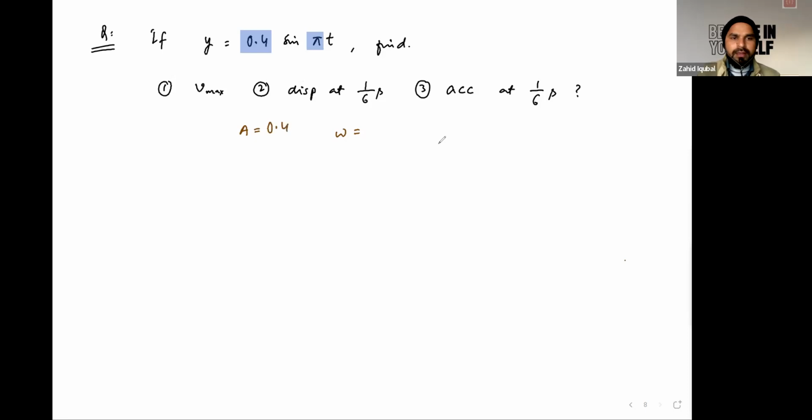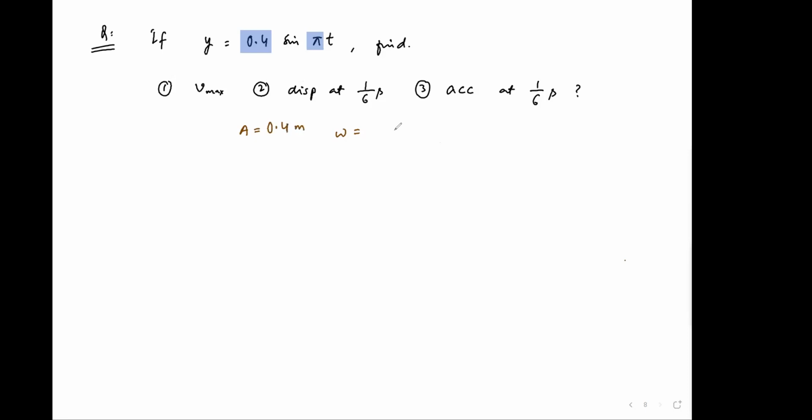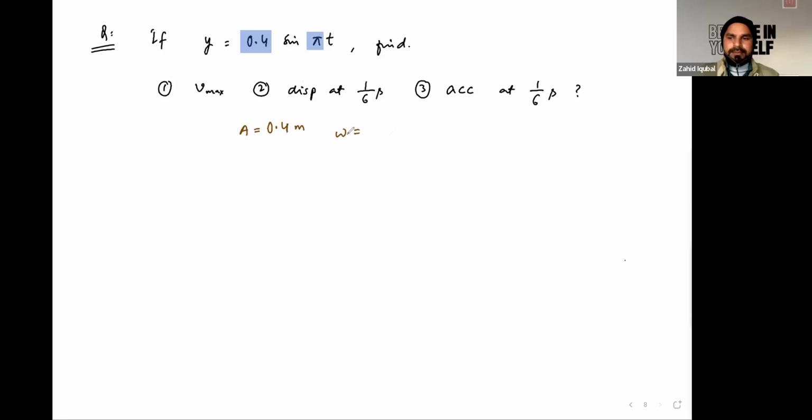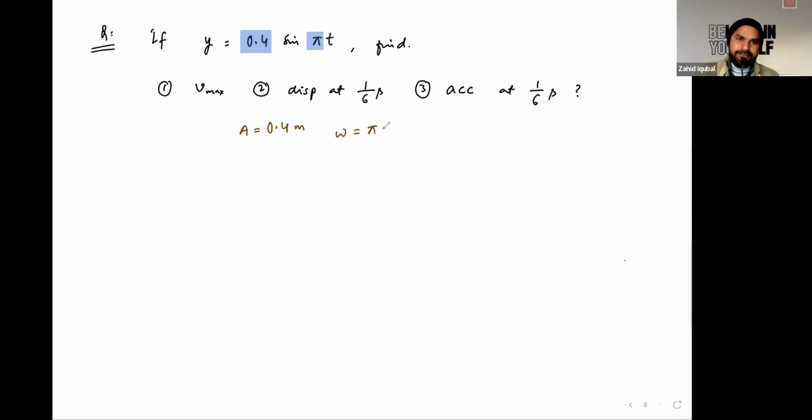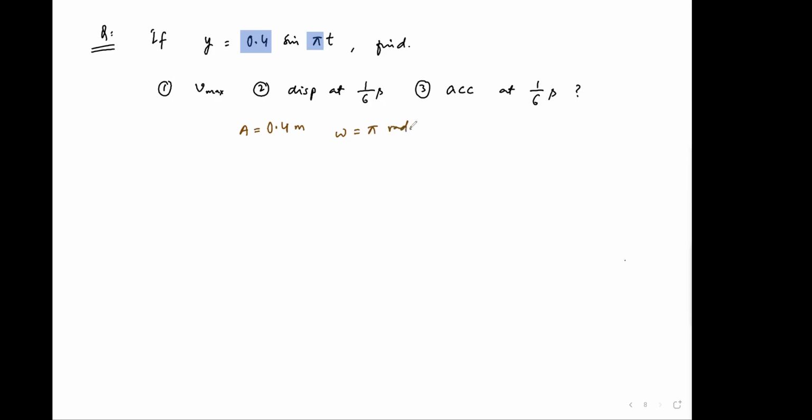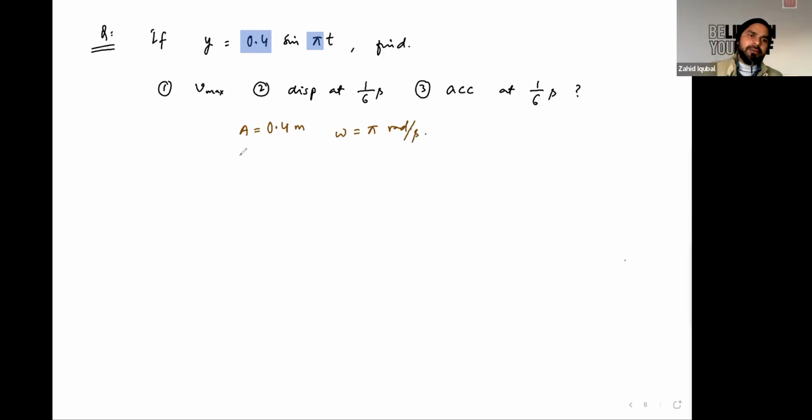Okay. Omega. 0.4, right, sir? Sir, can you hear me? Yeah, okay. Omega is pi. Okay. Hamza, just tell me the formula of velocity maximum.